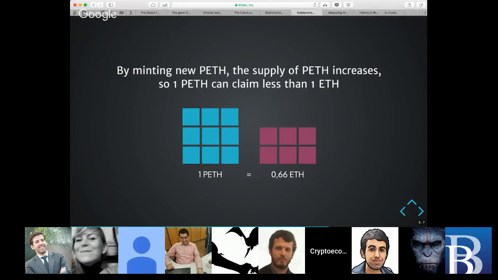But by increasing the supply of PETH, you are diluting the people that were holding PETH before. So in this case, your PETH can claim less than 1 ETH, which was the original situation. So if the system goes wrong, you are losing value if you had skin in the game.